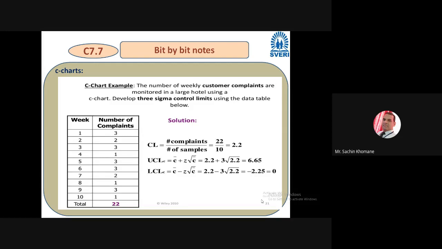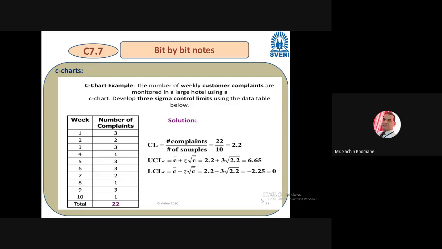What will be the upper control limit? Almost the same formula: C bar plus Z times the square root of C bar. Formulas are important. For all the charts, certain formulas are there that you need to remember. For calculation of UCL, LCL, a small change is there in all the formulas. Now, what will be the UCL here?